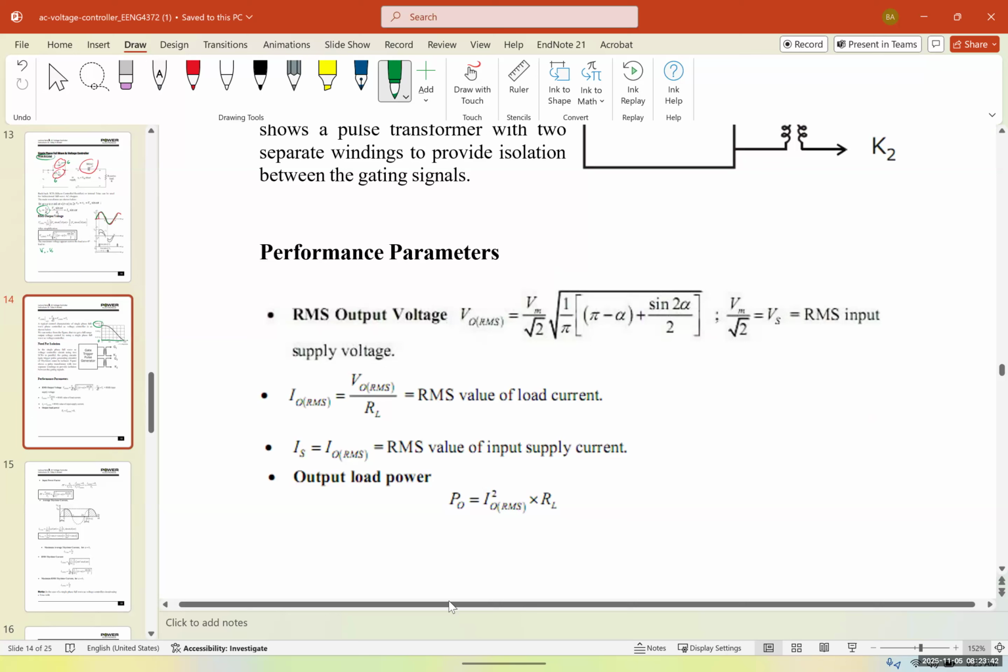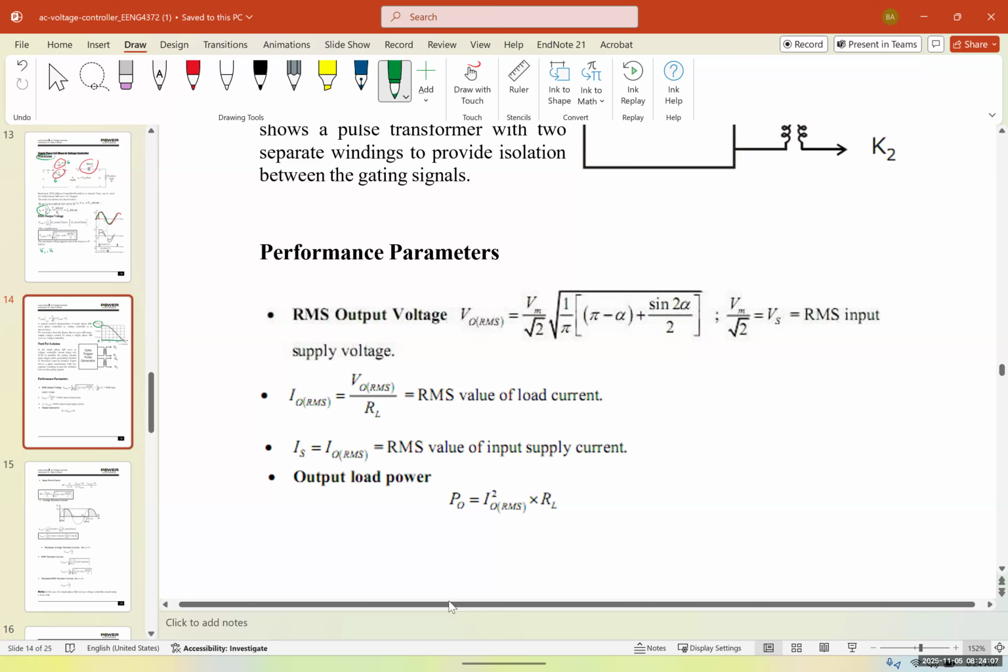Now, to calculate the output RMS current, the output RMS voltage, and also the output power, again, we use the equations to find the area under the curve. And for the RMS output voltage, as mentioned, it's going to be at its maximum when alpha is 0.